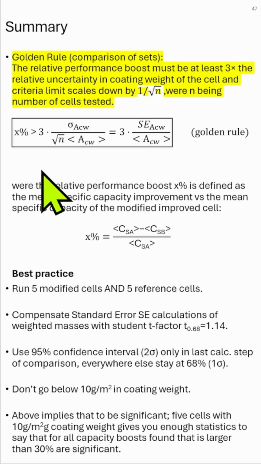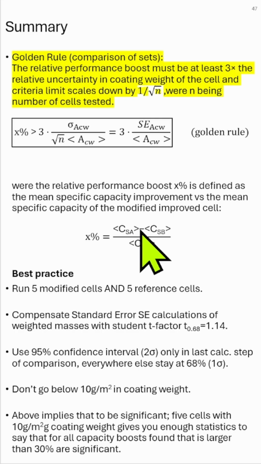And the performance boost x in percentage is defined as the mean value of the measured specific capacity after the modification of the electrodes has been done, minus the mean value of the specific capacity before the modification.